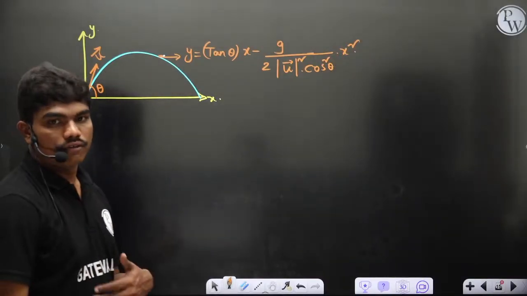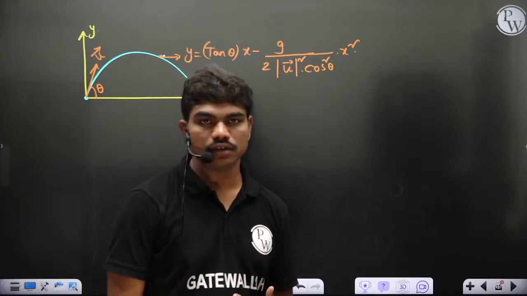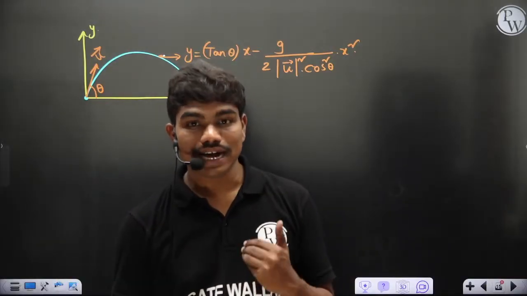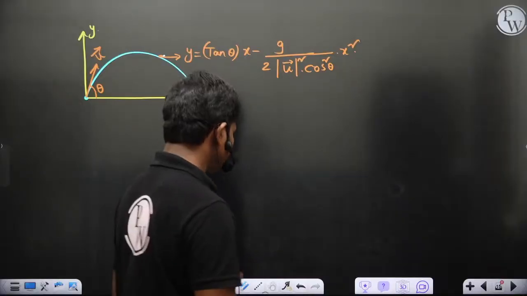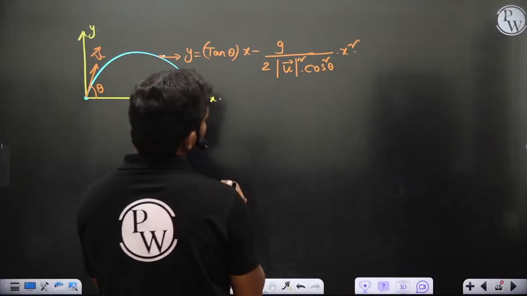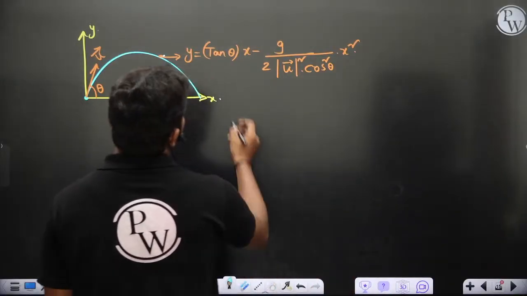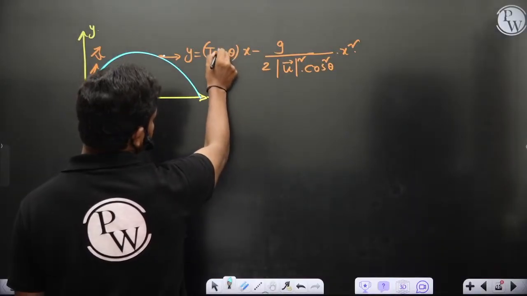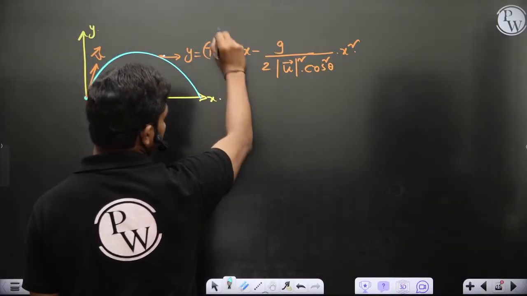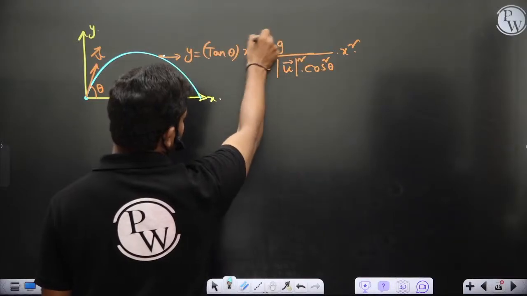Now if I ask you the question, exactly at theta equal to 90, if I throw, what would be the equation? Ultimately, if you put exactly theta equal to 90 here, this shows some value infinity, and this 1 by 0 also gives you infinity.